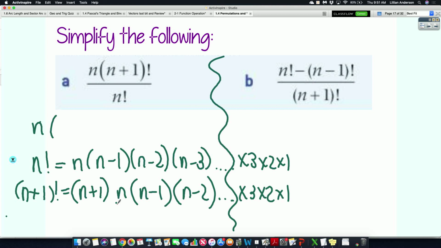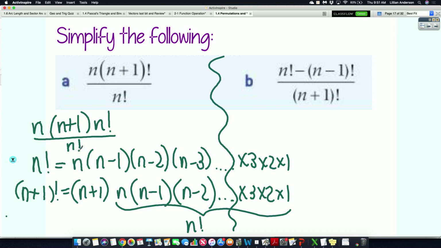But I can represent this entire thing how? As n factorial. Did everybody see that? So this turns into n plus 1 times n factorial all over n factorial. What do you see? You can cancel them out, and you're left with n plus 1.